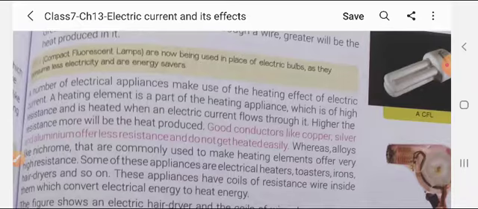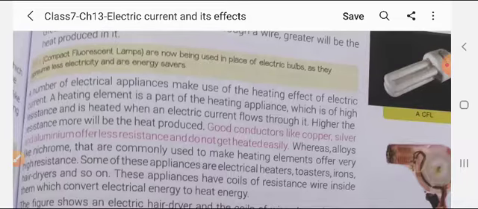A heating element is a part of heating appliances which is of high resistance and is heated when an electric current flows through it. So student, the heat of the wire, or you can say appliances, depends on two things. One is the power of the electric current, and the next is the resistance.